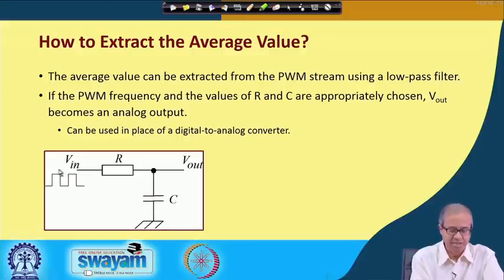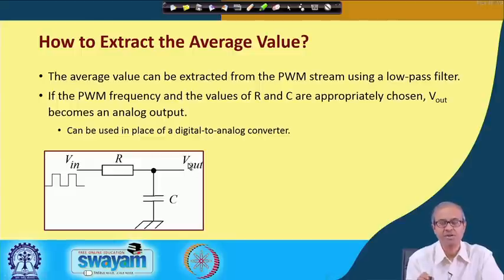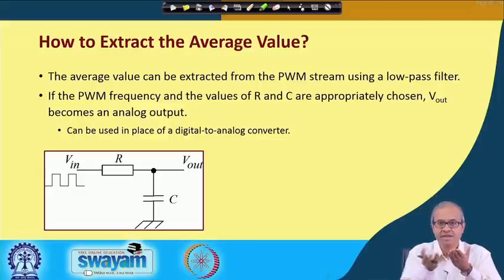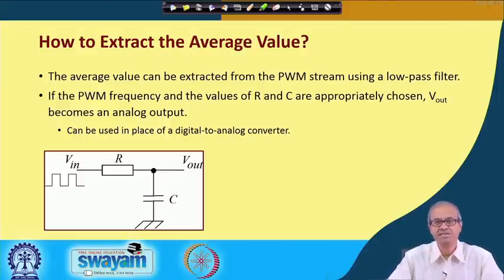If you apply a pulse waveform, you will get an output voltage which will be the DC value, provided the RC time constant is chosen in a suitable way that only the lowest frequency components will be passed without attenuation, and the higher frequencies will get attenuated. So, you will get approximately the DC value of the voltage in the output.